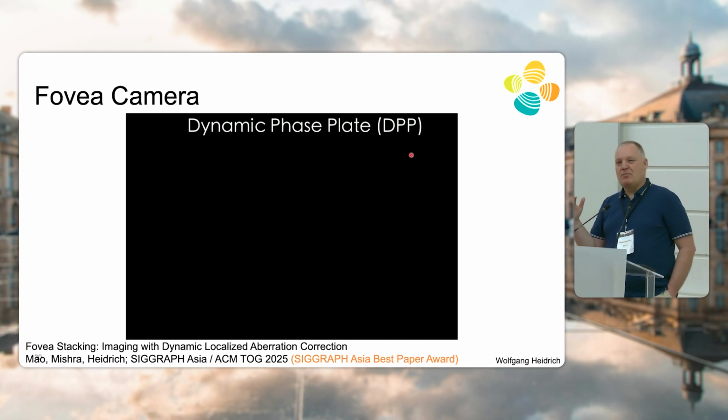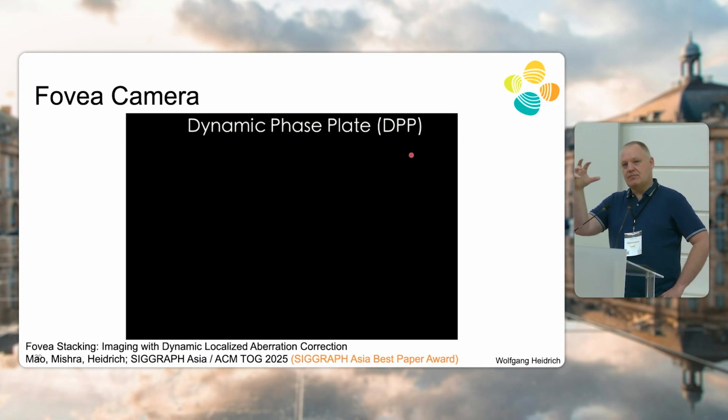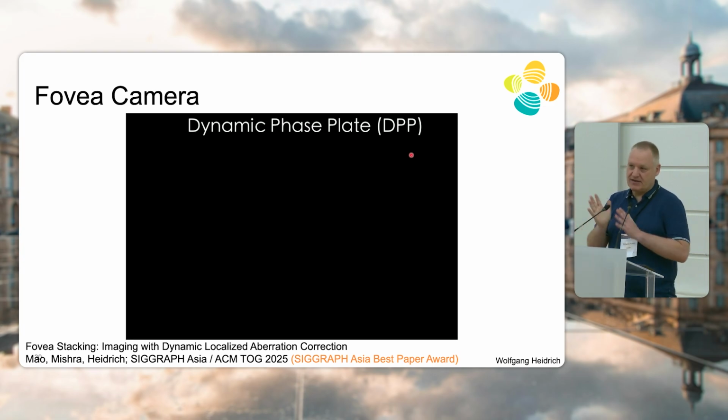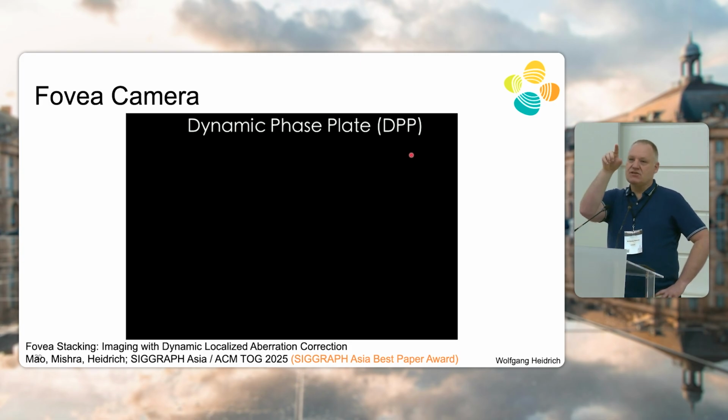If you know deformable mirrors, like from astronomy, they're basically the same thing, but in a transmissive way, okay? So basically, you can program aberration corrections into the DPP. It's transmissive, so it actually supports relatively compact form factors. And then you can correct aberrations, not for the whole image plane at the same time, but for each image region at a time, for example, right?